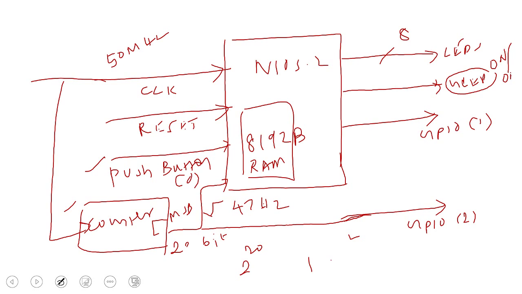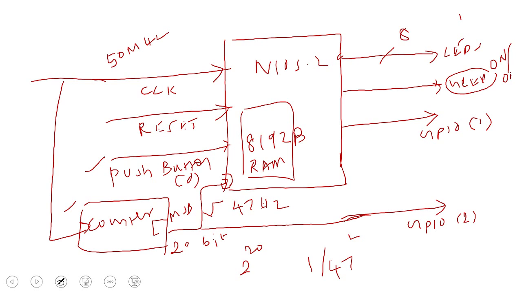So every 1 by 47 hertz of time, you will get a rising edge to this. Whenever the Nios processor gets a rising edge to this port, we want the 8 LEDs to count the rising edges. That means for the first rising edge, I want the output to this port to be just 1.